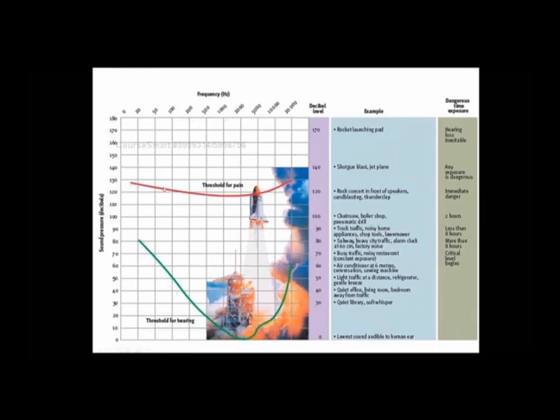And similarly at the top here, this red line is going to be a threshold for pain. So at what point is it too loud for us to stand? And we still see that the lowest point for that threshold for pain is still in the range where human communication happens. So that's where we can hear the smallest sounds or the less intense sounds.